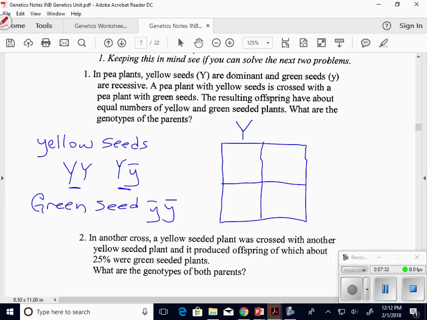It could be this, or it could be this. So, I right now do not know the second allele of that. I don't know the second letter. Now, I know what a green plant is, don't I?